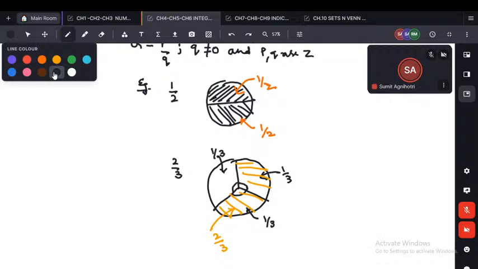Similarly, if I ask you to represent 5 over 6, how will you represent the region 5 over 6? Here you have to draw the hexagon.